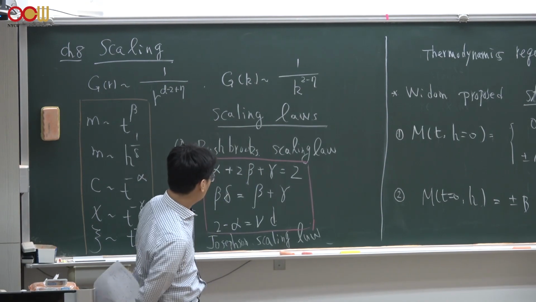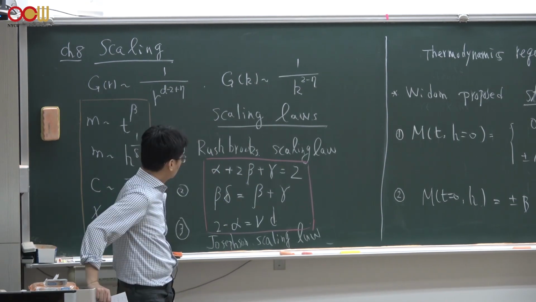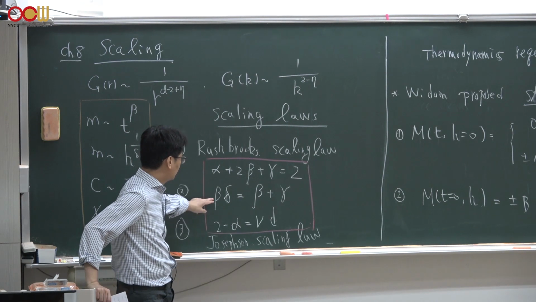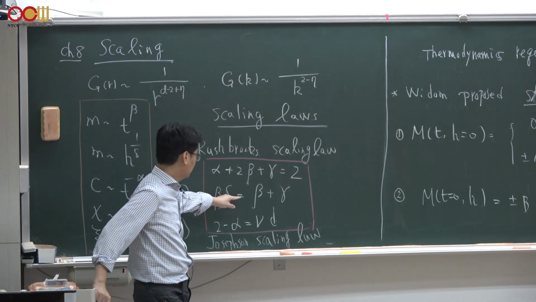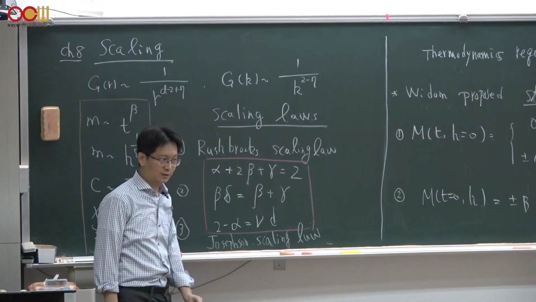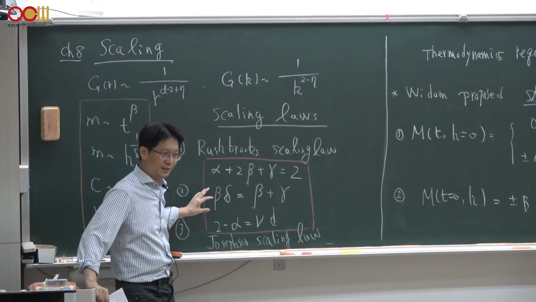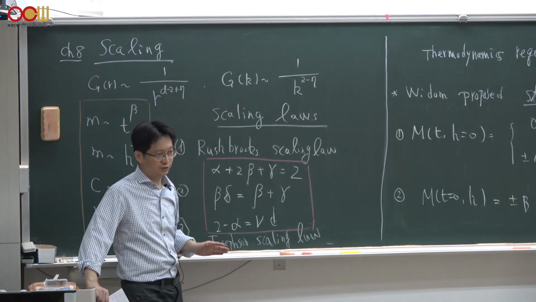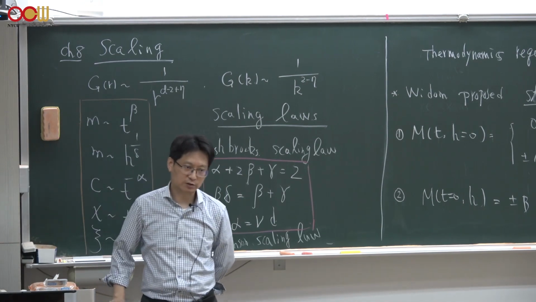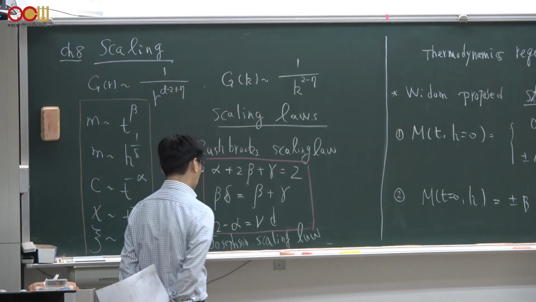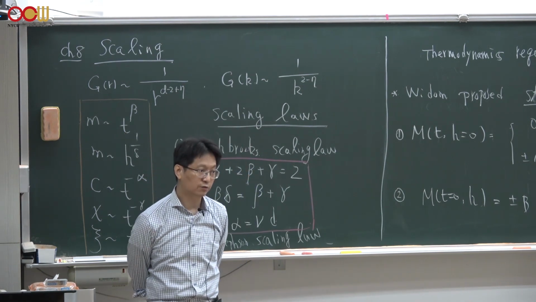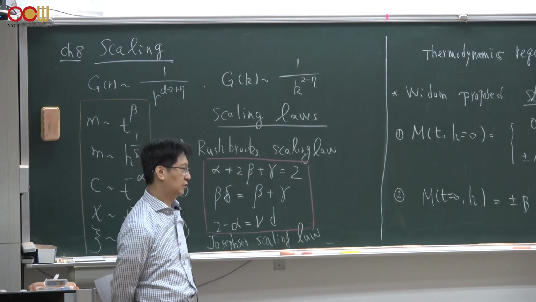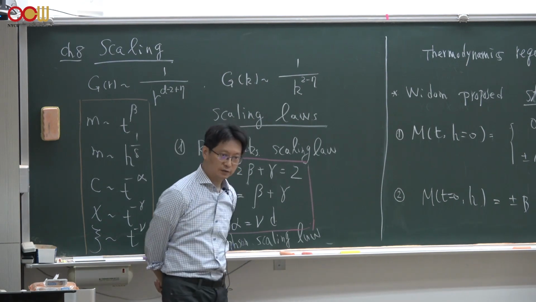We will derive such a relation in the coming time. The second relation is beta times delta equals beta plus gamma. It looks kind of complicated, but they all come naturally from this scaling hypothesis, or scaling ansatz, of free energy. And that free energy is basically the Landau free energy.